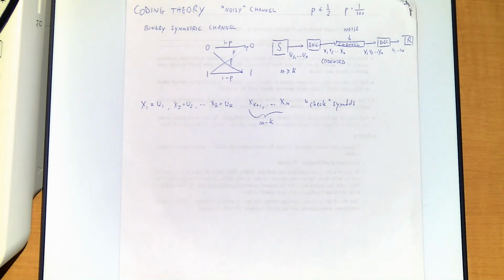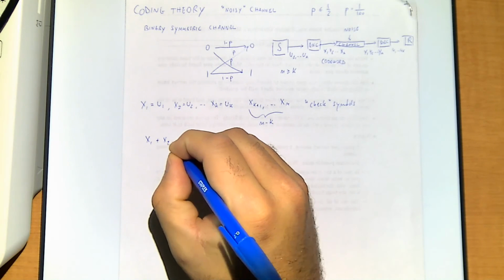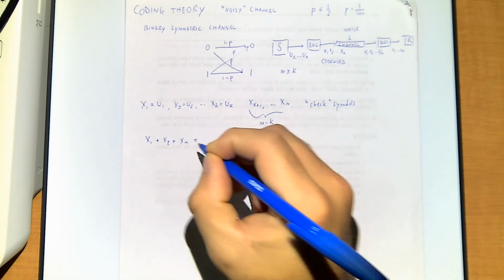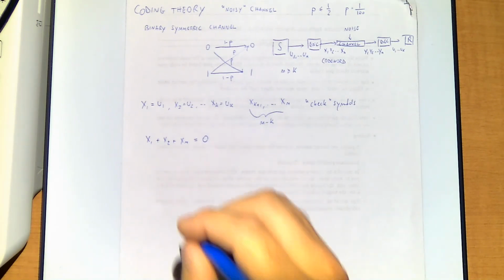So, for example, I can require that x1 plus x2 plus xn is equal to 0 or something like this, right? And then I do this for a bunch of equations, and they let me identify if everything is well formed in the code word, right? So I do this over and over again.